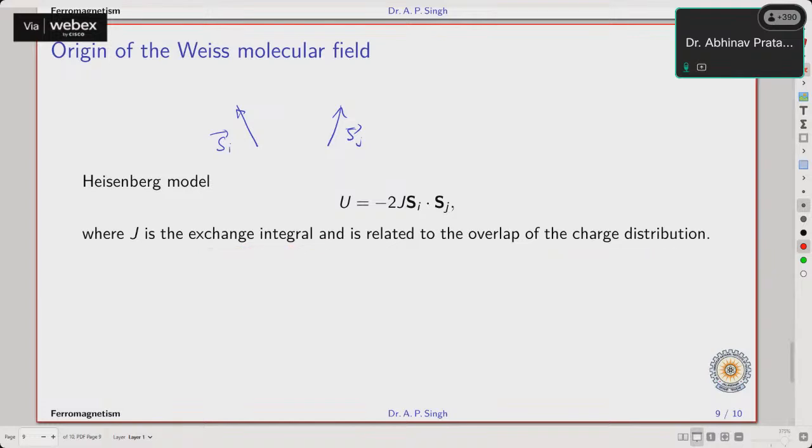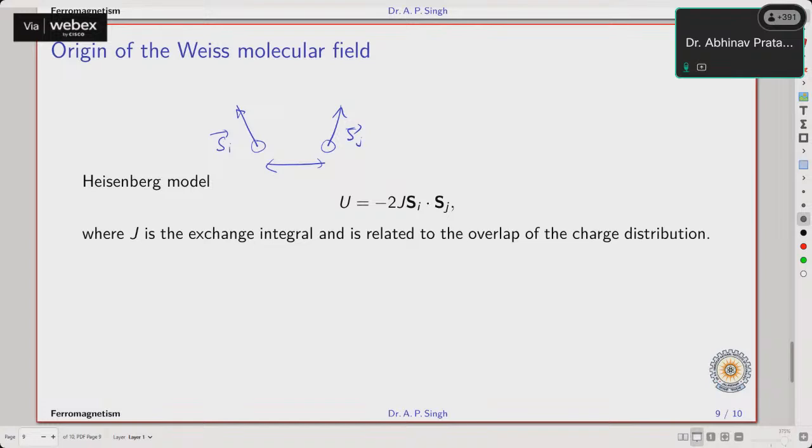For example, if you have these two spins there, and their charge distribution is something like this. Something like this. So you see that there is an overlap of charge distribution. So this value of J actually depends upon this overlap. So it can be some complex function of this overlap, and therefore it can also depend upon the relative distance between these two spins also.